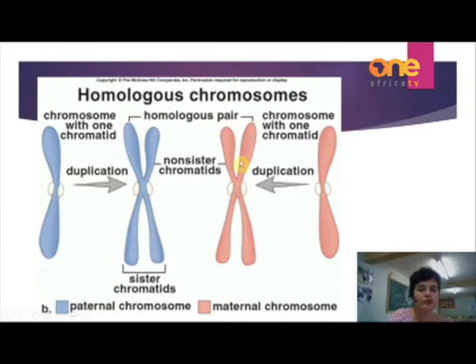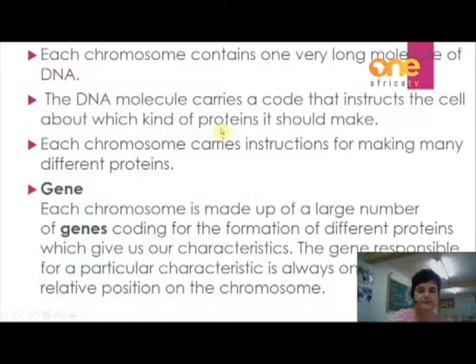So, chromosomes from my mother and chromosomes from my father with the same human characteristics on each will search each other up, and they will form a homologous pair.